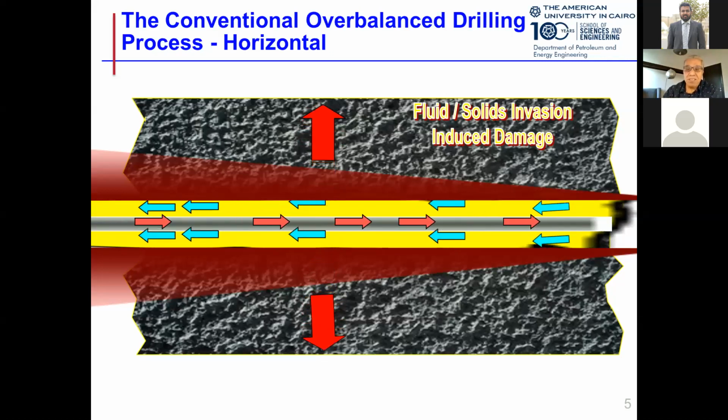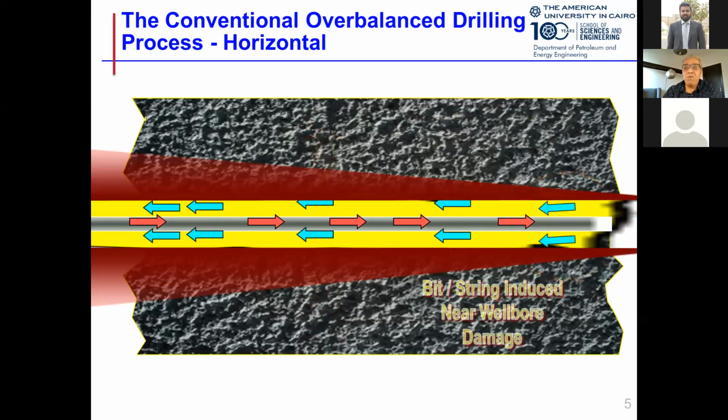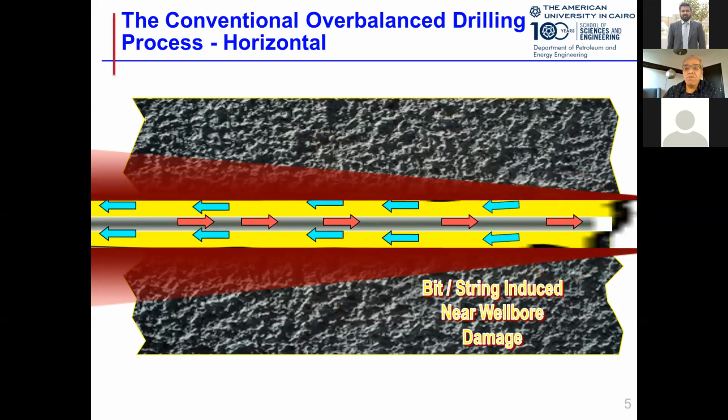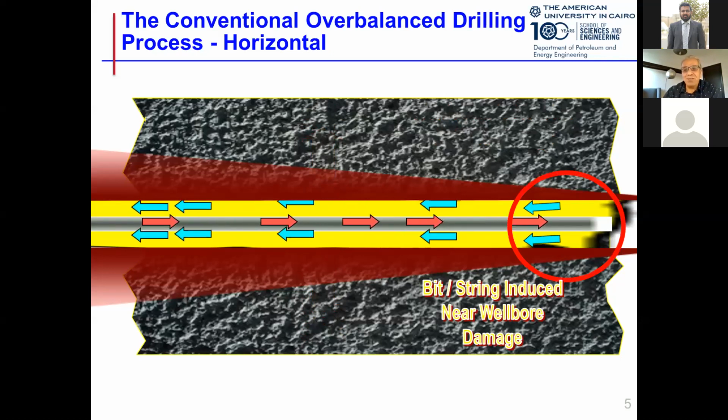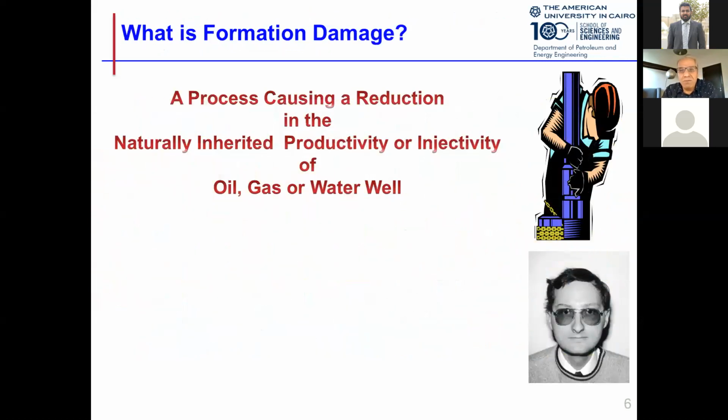Of course, this results in the so-called formation damage. We damage our formation because of our actions. We force the solids that come with the mud to penetrate the porous media and damage it.